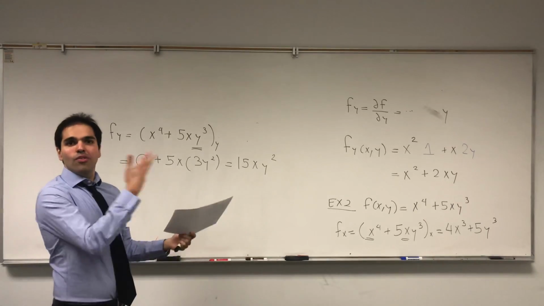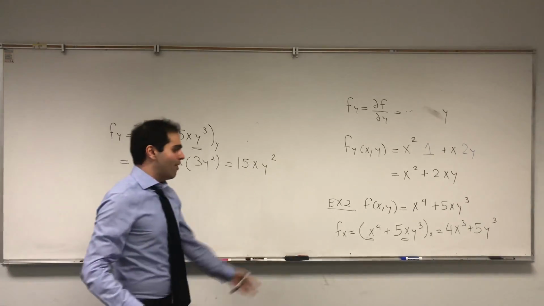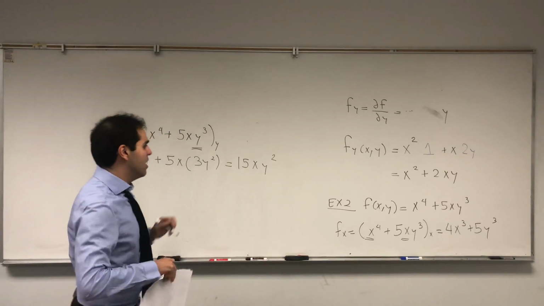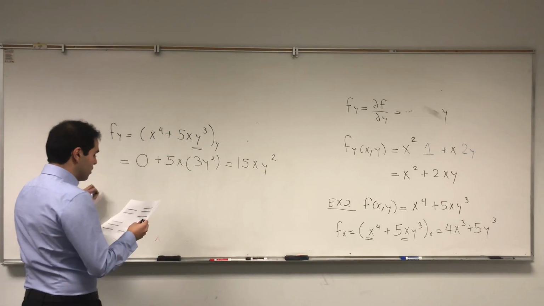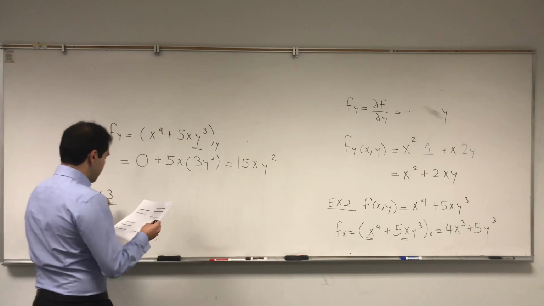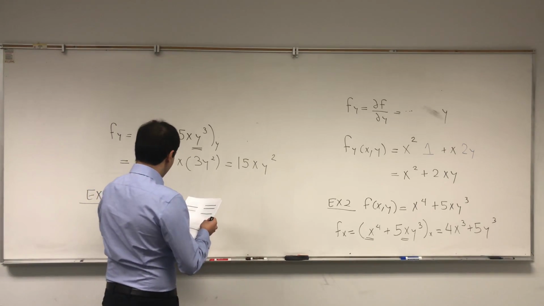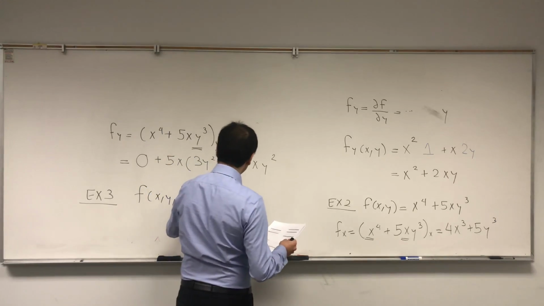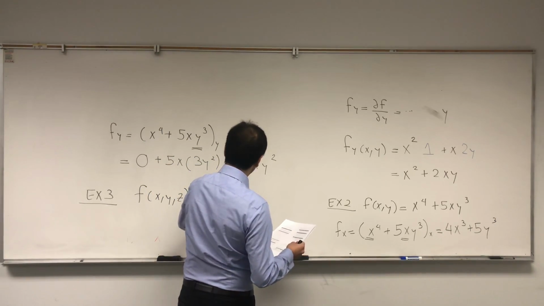And of course, not only that, but if f depends on 3 variables, you can differentiate with respect to every variable here. So for instance, take f of x y z, that is x e to the yz.